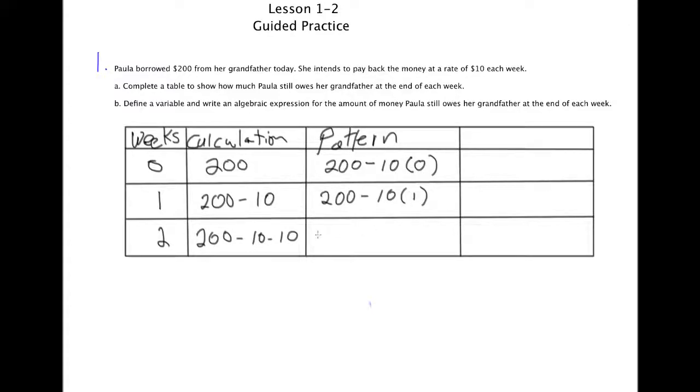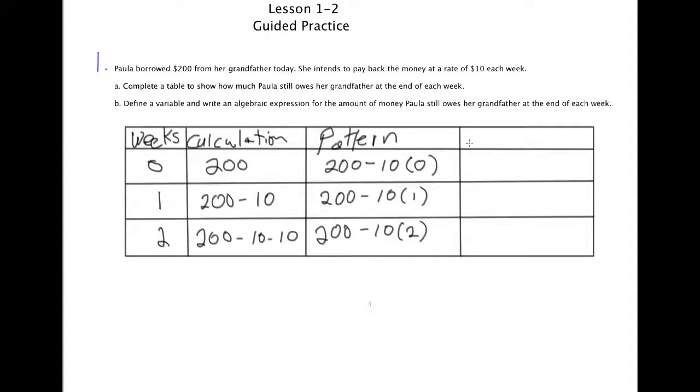And here on the second week, we have 200 minus 10 times 2. What we see here is that the 200s are constants. They're the same in each one of these. The 10s are constants. They're the same in each one. What's varying, in other words, what's the variable in here, is the weeks term.